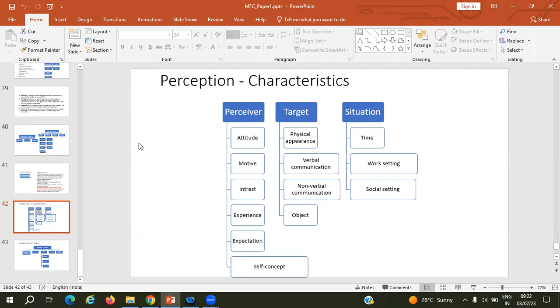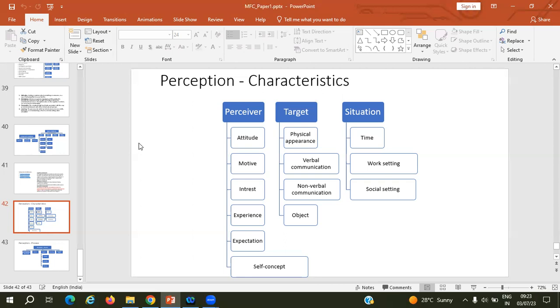So here in this scenario, you are the perceiver who is looking, and the car is the target object. Whatever perception you are drawing, whatever you are seeing is the target. And the situation is the environment, the time, how you are seeing, how closely you are seeing, that is the situation.